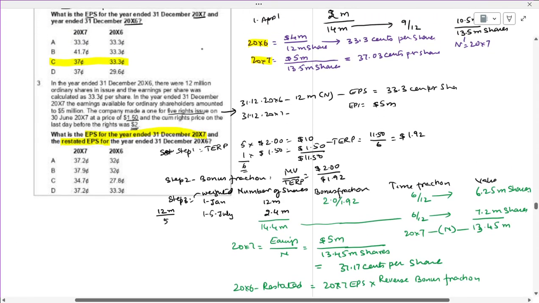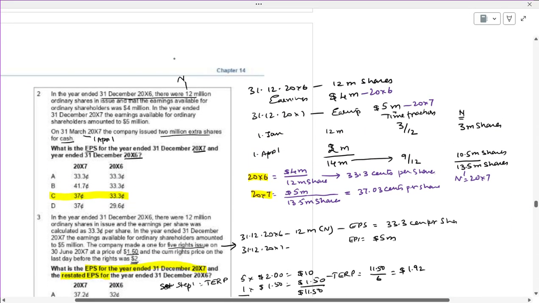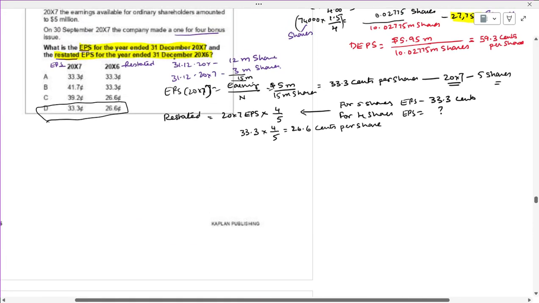Restated EPS. What is the formula for restated EPS?